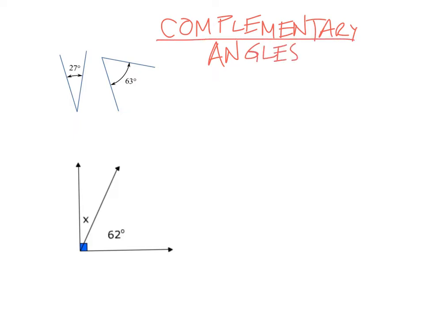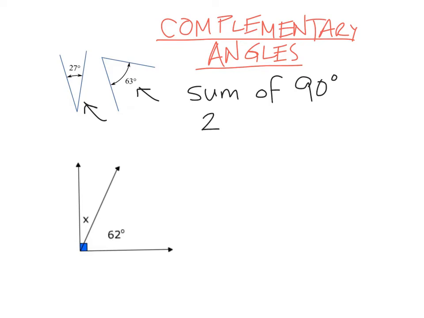So the deal about complementary angles is that if you notice this angle and that angle, those two angles are complementary to each other. They have a sum of 90 degrees. So the sum just means that they add up to 90 degrees. So if I want to check that, I can do 27 plus 63 equals 90 degrees.